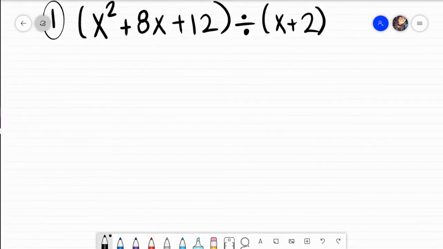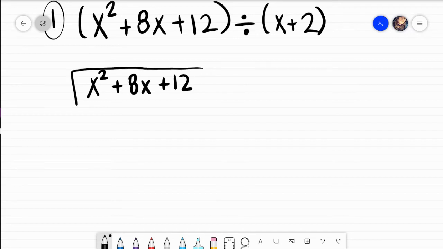Okay, so what we would do here is we're actually going to rewrite it in the same way that we perform long division in grade school. You're going to take that leading polynomial, which was x squared, add to it an 8x, add to it a 12. Then we're literally going to divide it by our second polynomial, which was x plus 2.